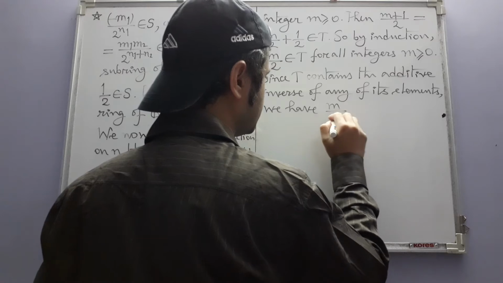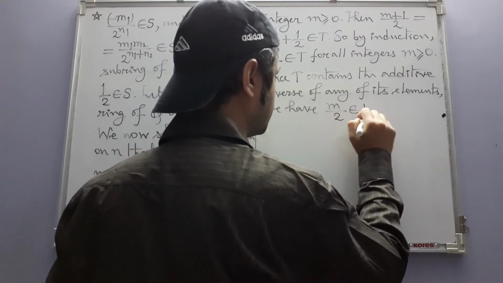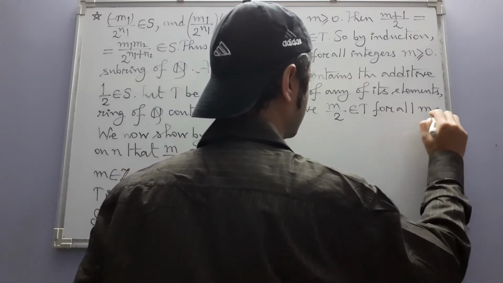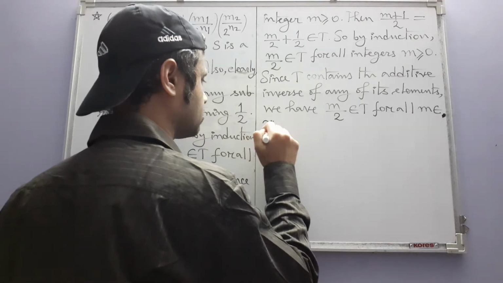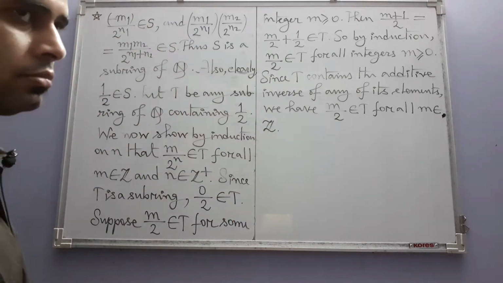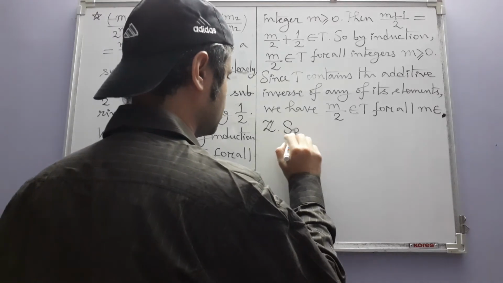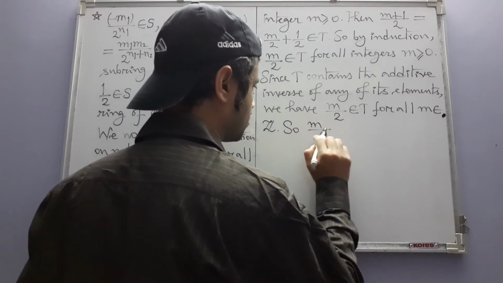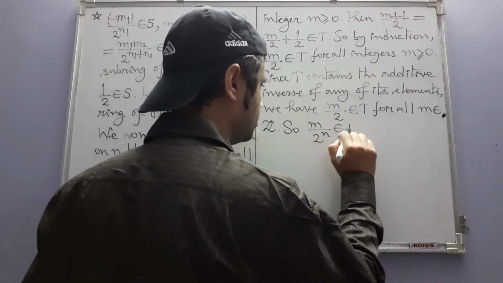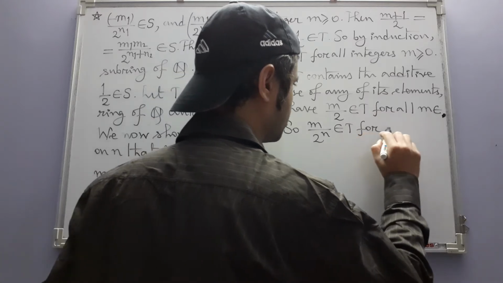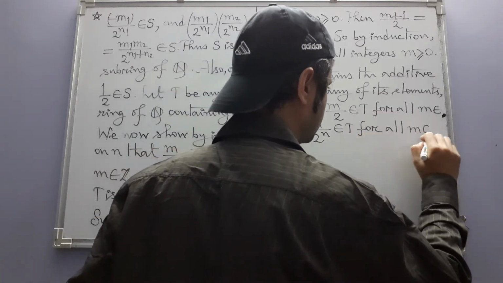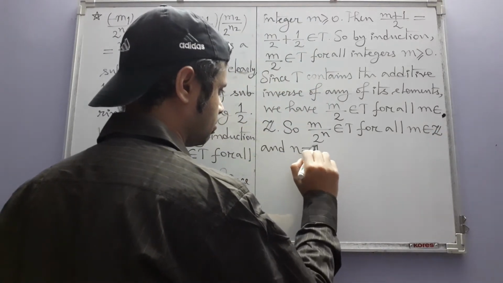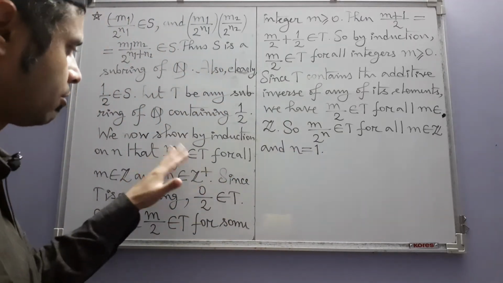We can write directly that this belongs to t for all integers m and n equal to 1. This is the basis for our original induction.